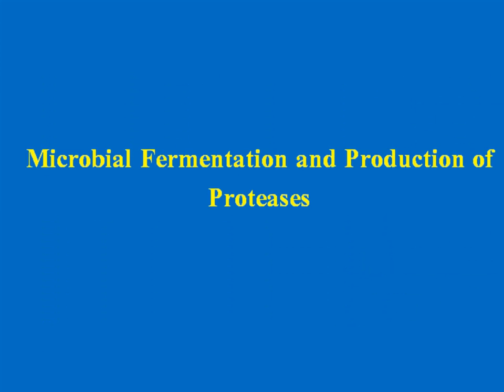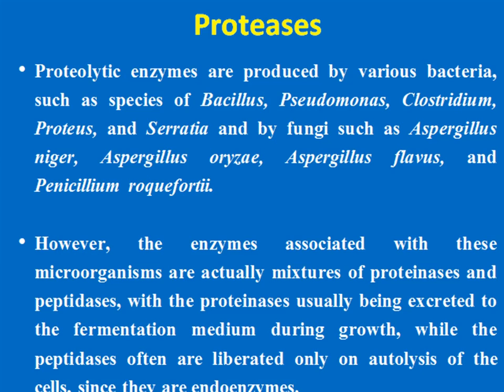Next is microbial fermentation and production of proteases. Proteases are the proteolytic enzymes which are produced by various bacteria such as species of Bacillus, Pseudomonas, Clostridium, Proteus, and Serratia, and by fungi such as Aspergillus niger, Aspergillus oryzae, Aspergillus flavus, and Penicillium roqueforti.